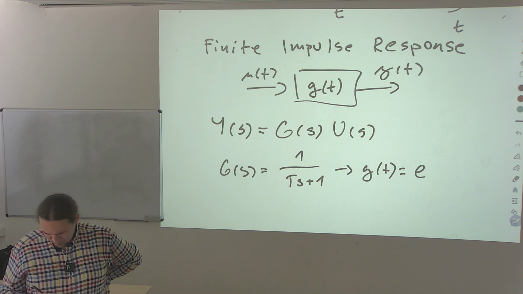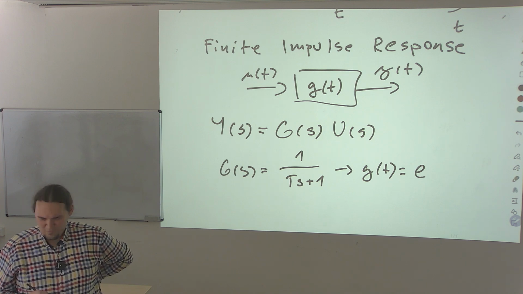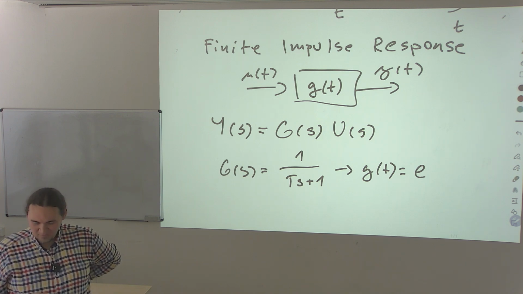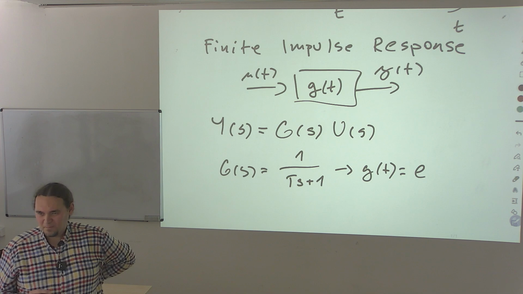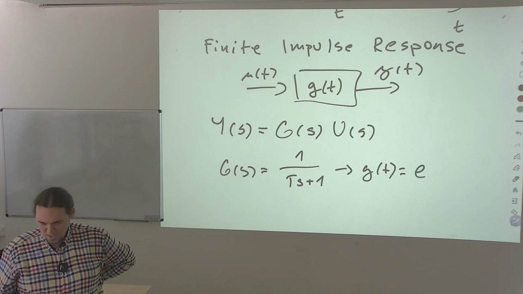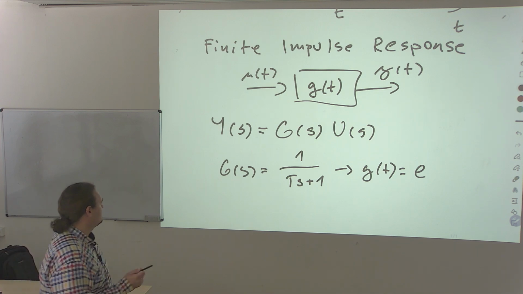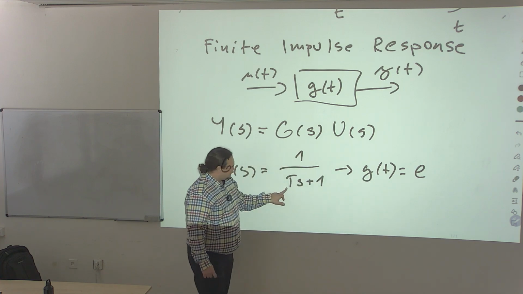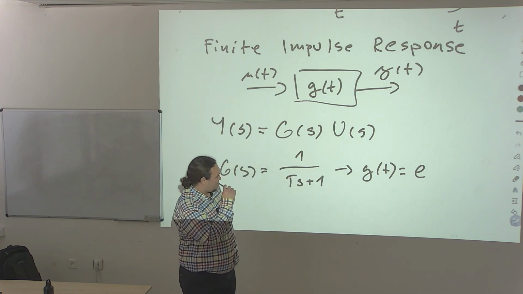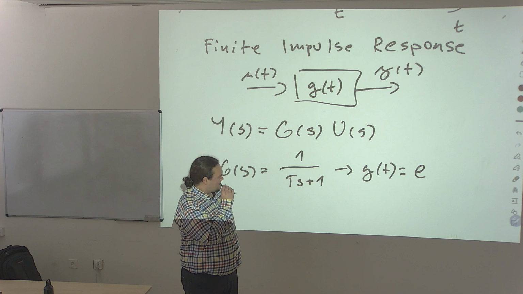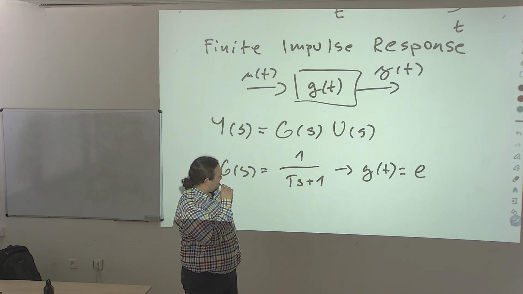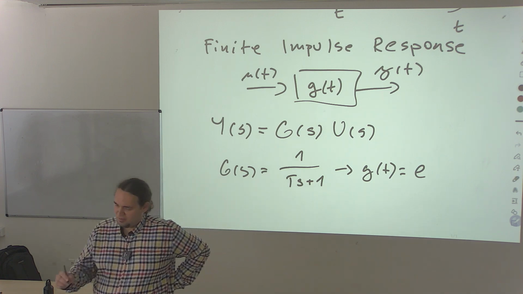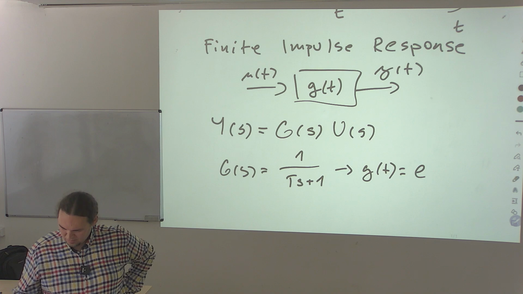Exponential. What kind of? Minus one. There must be t. T is in front of exponential as well, I believe. So 1 over s minus 1... Yeah.